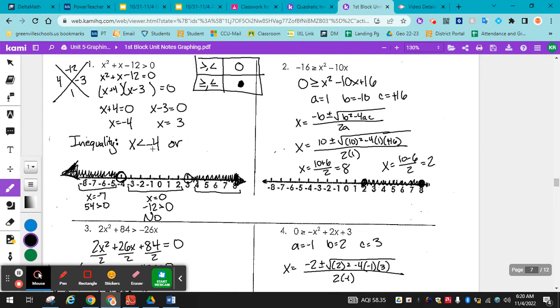So x is less than -4, or x is greater than 3. That is your solution. In interval notation, which I'm going to abbreviate IN, remember, it'd be -infinity, to the left forever, to -4. Open circles are parentheses, union 3 to infinity, all parentheses.